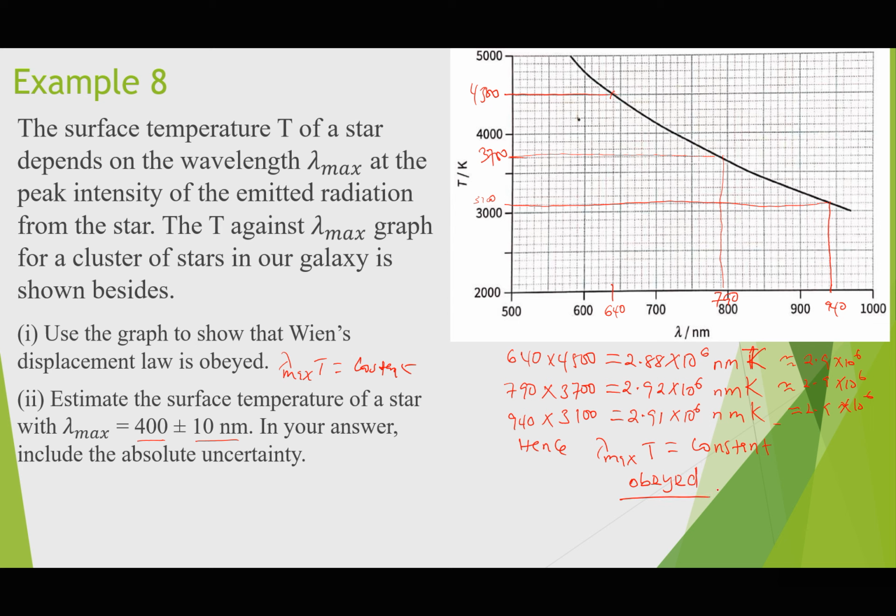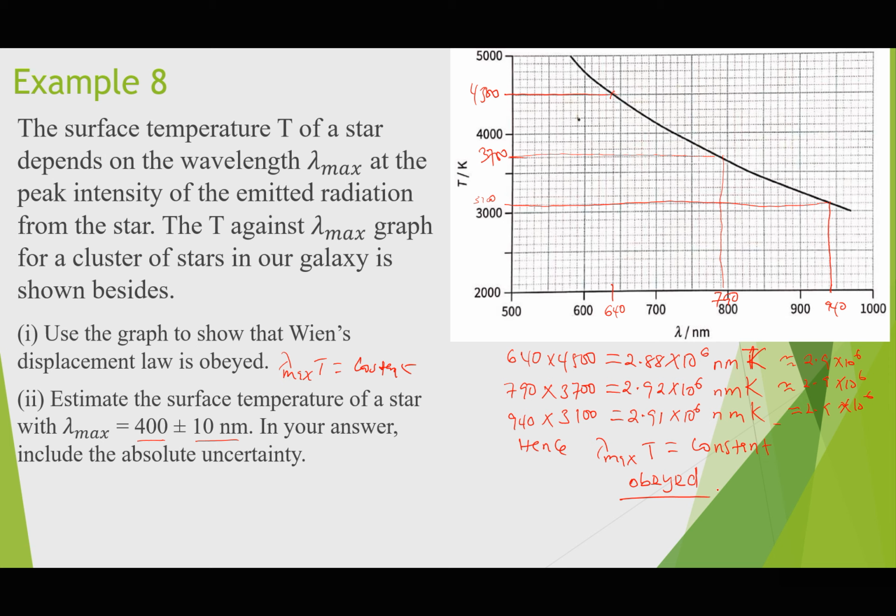For such questions which ask you to show that a law is obeyed from the graph, you should make at least 3 attempts, round off to a certain significant figure and conclude that it is obeyed. I can still argue that it's not obeyed if I consider 3 significant figures.